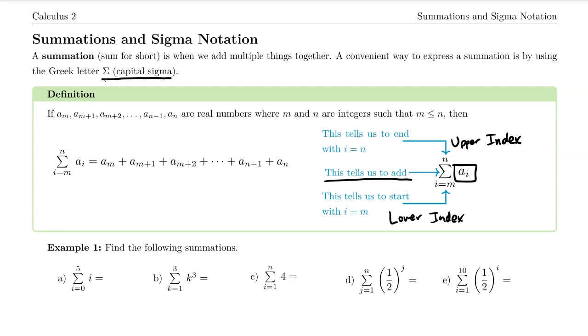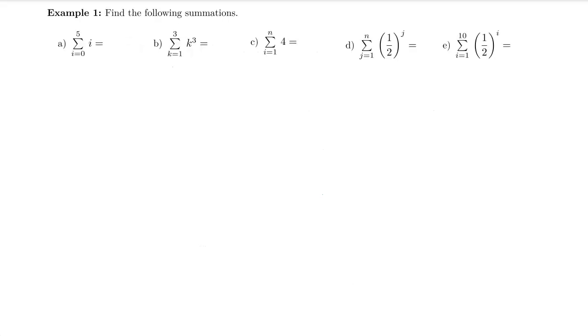Let's go ahead and jump into an example. Example 1 says, find the following summations. For part A, I have the summation from i equals 0 to 5 of i, and I'm going to expand out this sum. We start off with i equals 0, and then add our next term.